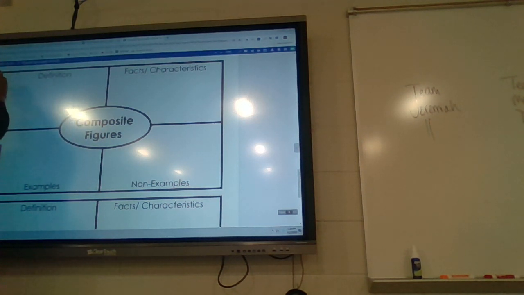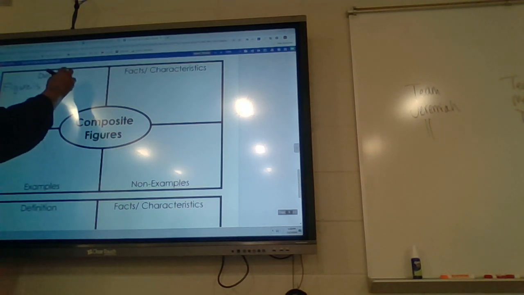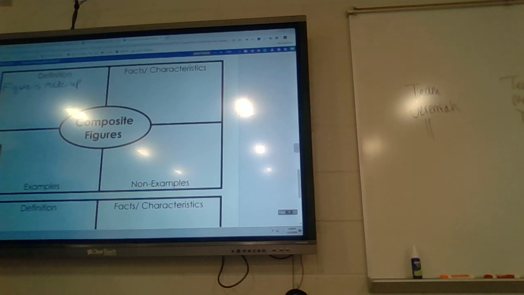Definition of a composite figure. Figure is made up. Let me show you a trick about taking notes. Read, figure is made up, and write as much of that as you can remember instead of constantly looking up and down like that.